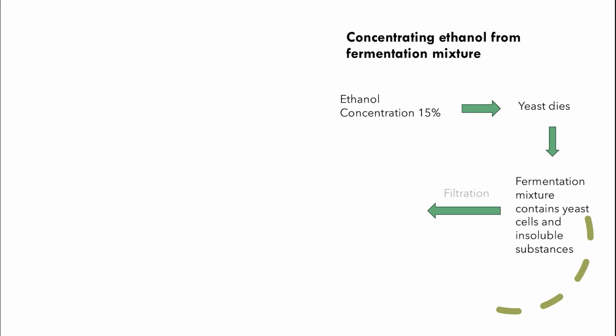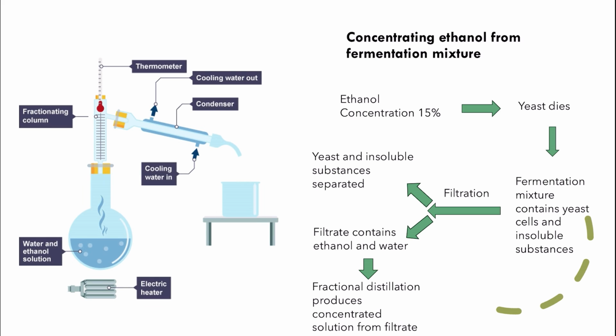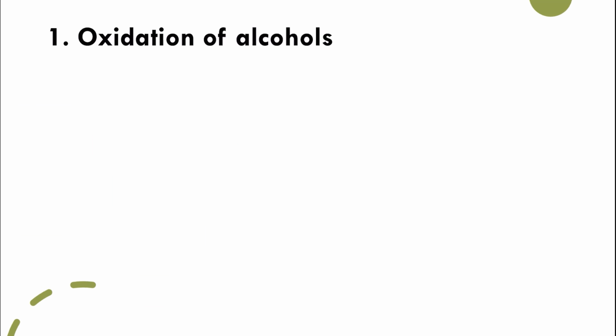You need to separate these by filtration, where the yeast and insoluble substances are separated, and then the filtrate contains ethanol and water. Then you need to concentrate the ethanol by using fractional distillation, which will give you concentrated ethanol. We can use fractional distillation because the boiling point of ethanol is less than the boiling point of water.